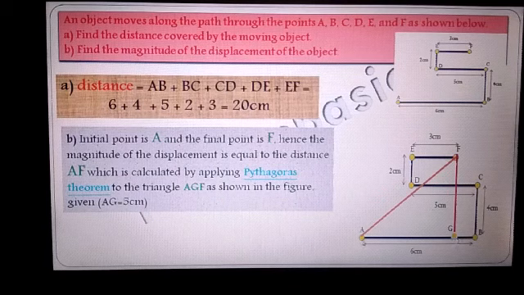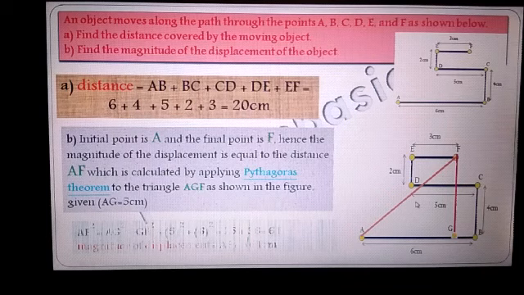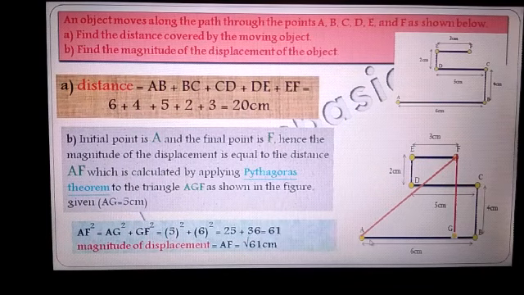Now we are given that AG is equal to 5 centimeter. Now it's easy to find AF. We have to find AF, that will give us the magnitude of displacement. So AF square will be AG square plus GF square. AG is equal to 5 centimeter.